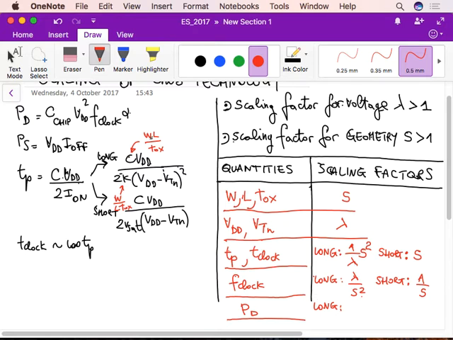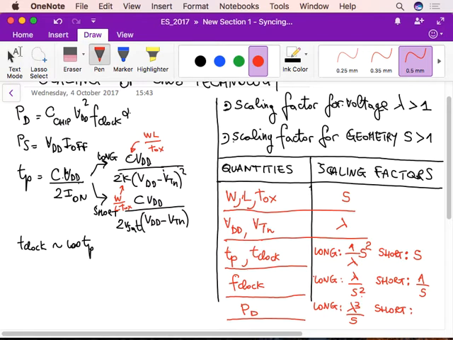So we have C S times lambda squared times lambda over S squared. So this goes like lambda to the power of 3 over S for long transistors. Okay?